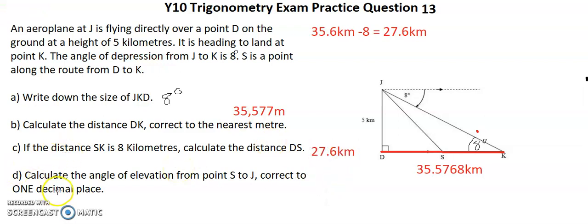Then the next part says calculate the angle of elevation from the point S to J. So we are looking at this area here. Now, we know that this length now is 27.6.